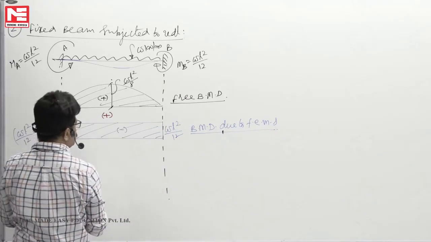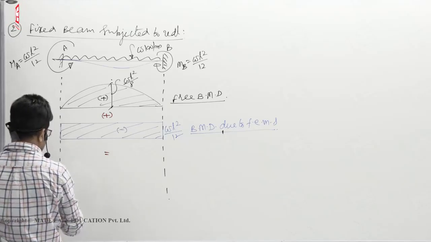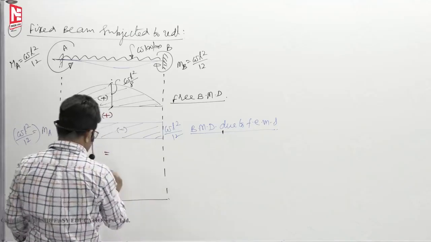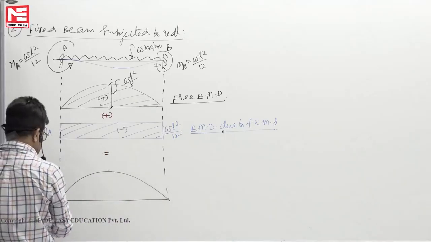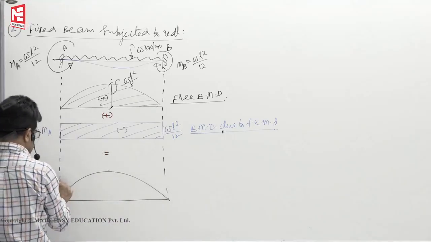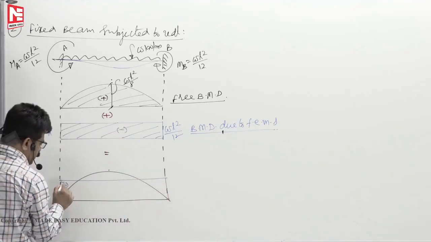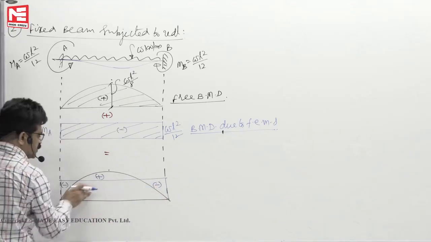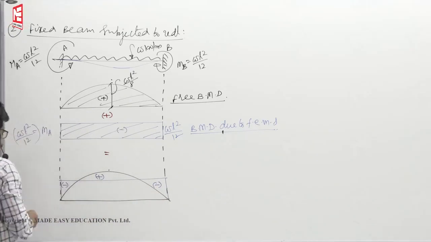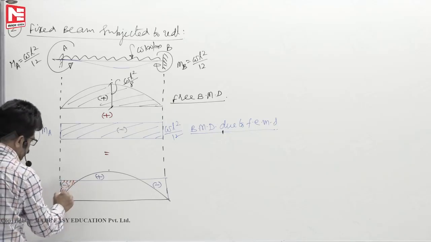Next, from the principle of superposition, the final bending moment diagram will go something like this. First the positive bending moment diagram like this, then on that itself you superimpose like this. The area that didn't get overlapped is this much area; this is positive area and this is negative area. Where it got overlapped, they get cancelled.